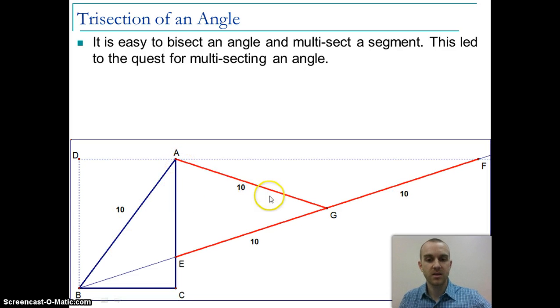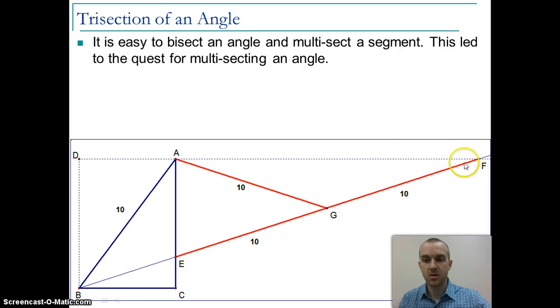Now, if I connect and make the midpoint of EF, I get all these segments equaling 1. What's nice about that is that I have an isosceles triangle here, and isosceles triangles here as well. So angle AGE will be equal to the doubling of these two angles.